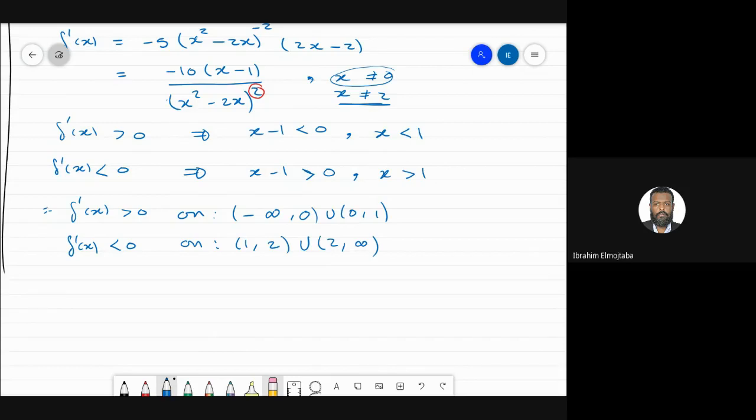So this is how we do it. لكن الآن لحسن الحظ إن المقام طلع دائما موجب، فما تتأثر أو ما تدخل في مسألة الموجب والسالب.